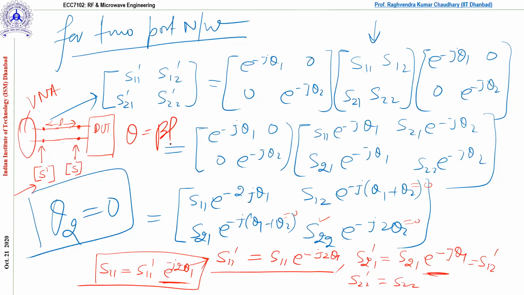Definitely there must be some numbers. If you're talking about power division, this is a 3 dB power divider, meaning half of the power it divides. Or maybe it is a coupler, 10 dB coupling, 20 dB coupling, like that.